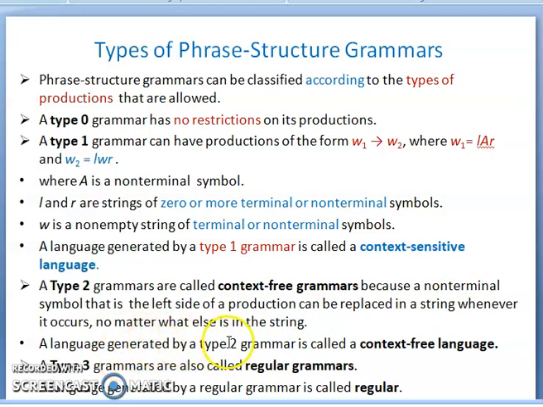The language corresponding to type 2 grammar is the context free language.